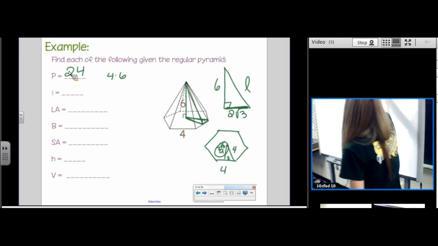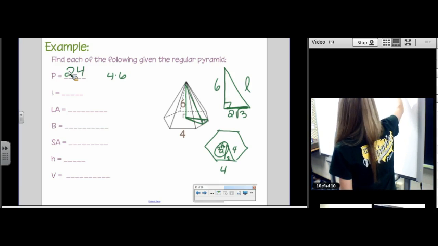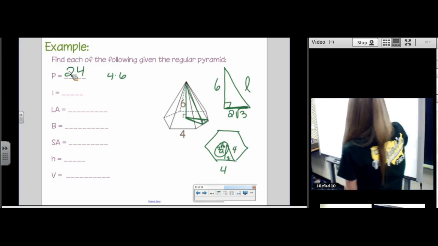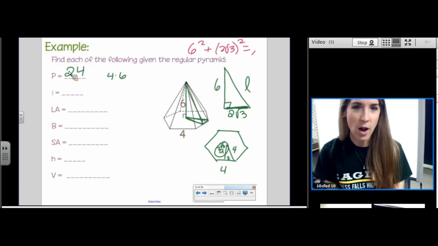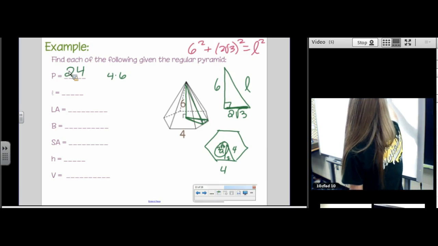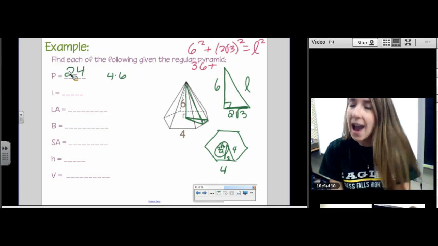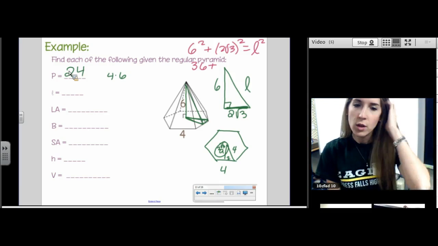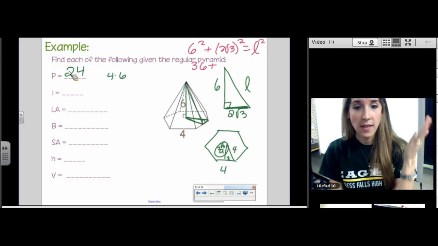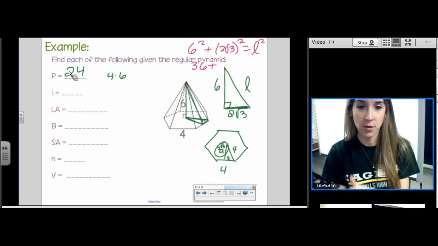All right. A squared plus B squared equals C squared. Yep, we are going there. 36 plus, what's 2√3 squared? We have to know how to do this by now. 2 squared is 4, and the square root of 3 squared is 3. 4 times 3.